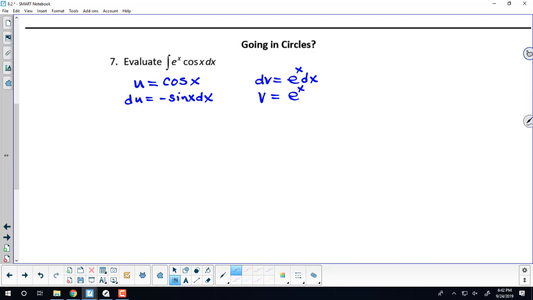So let's write it out here. Our original integral of e to the x cosine x dx is u times v, e to the x cosine x, minus the integral of v du.